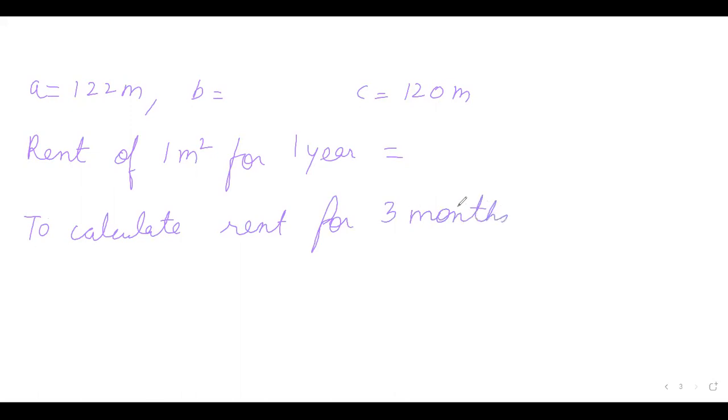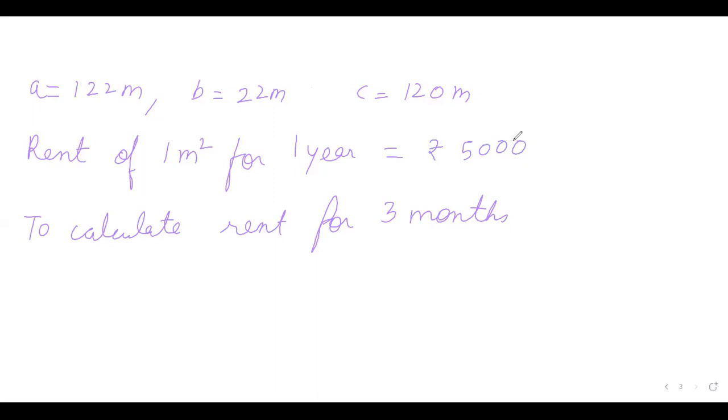Yes, I'm waiting. Ma'am, b is 22 meters. Okay. Ma'am, rent of 1 meter square for 1 year is 5,000 rupees.